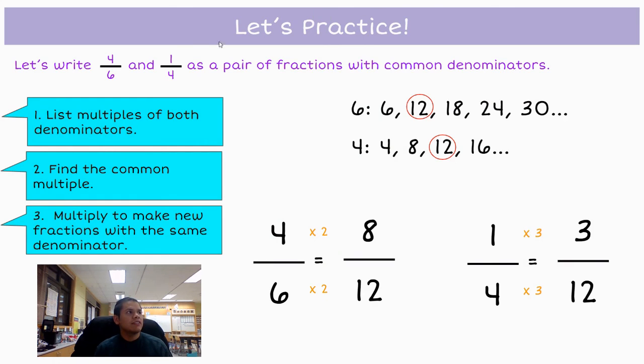So your new fractions are 8/12 and 3/12. 4/6 is equivalent to 8/12, and 1/4 is equivalent to 3/12. If you didn't get those fractions, that's okay. Take a moment to pause the video again so you can see and learn from your mistake.